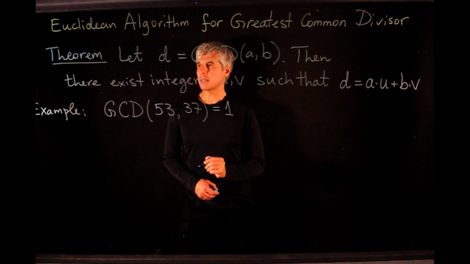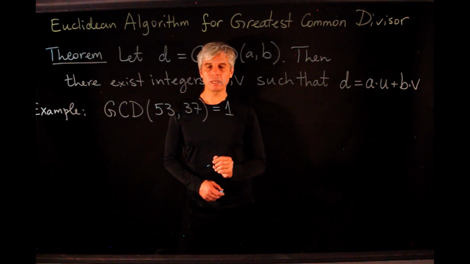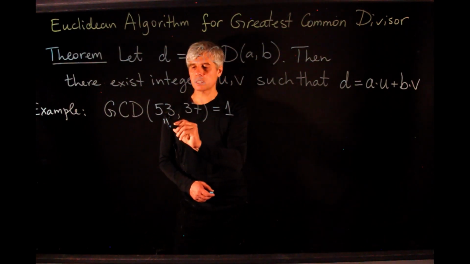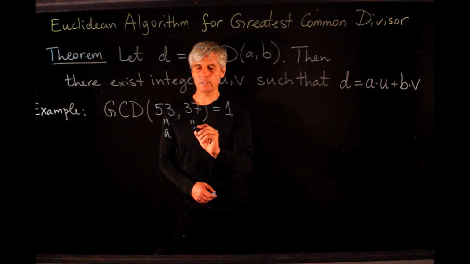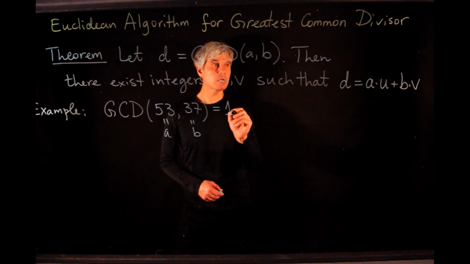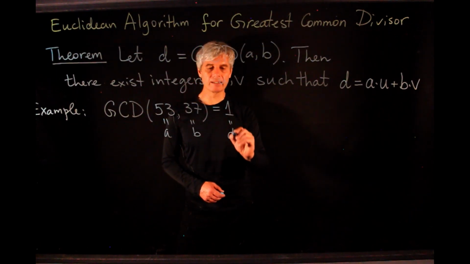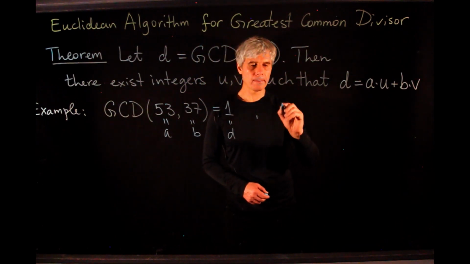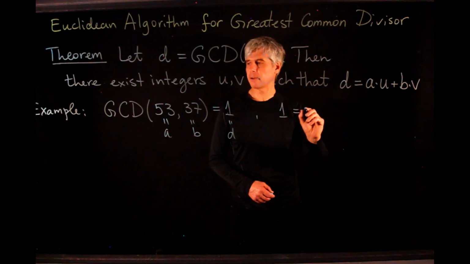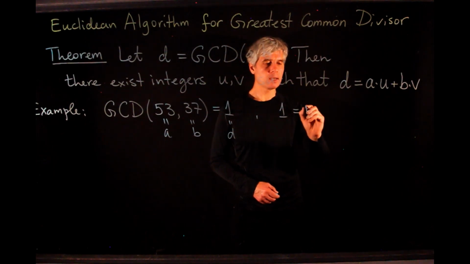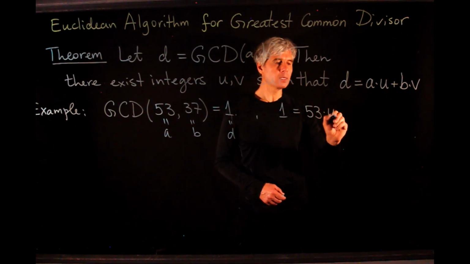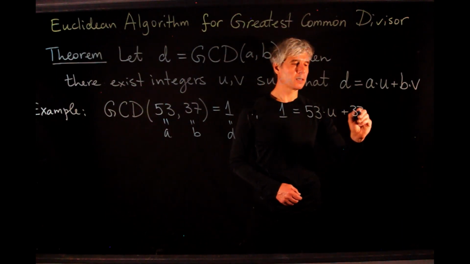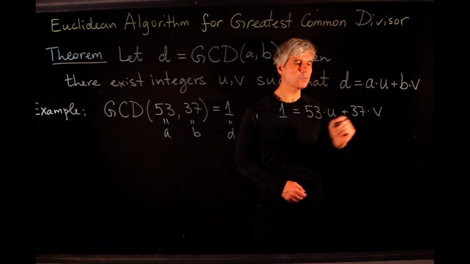Now, what this theorem claims is, so here A is 53, B is 37, and 1 is the greatest common divisor, so this is D. So this theorem says that we can write 1 as 53 times U plus 37 times V, where U and V are integers.